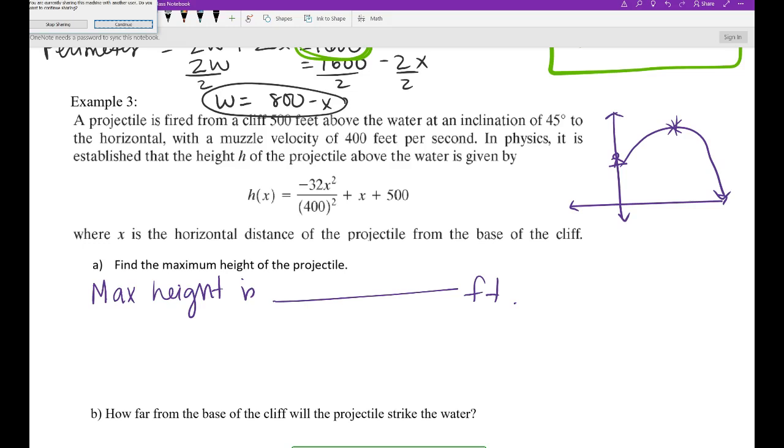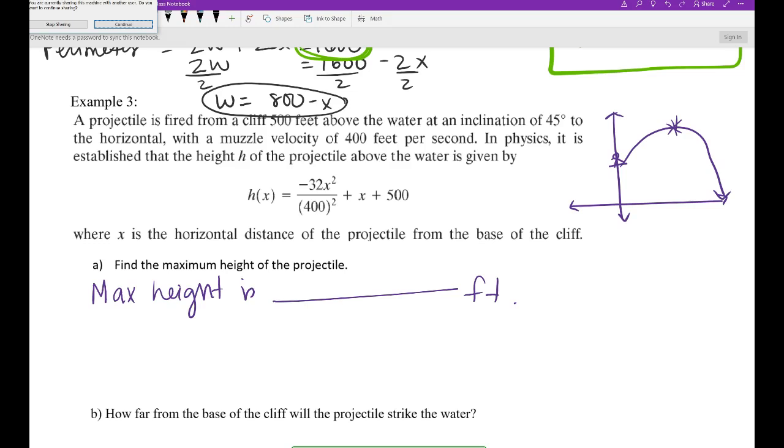For this one, the furthest thing that's going to go is when y is 0. What was your guys' thing? Did you trace? Well, this is an educated guess. When you're starting here, x is 0.